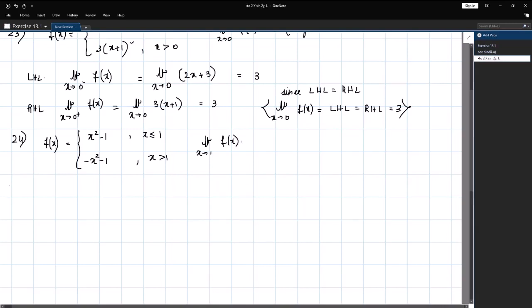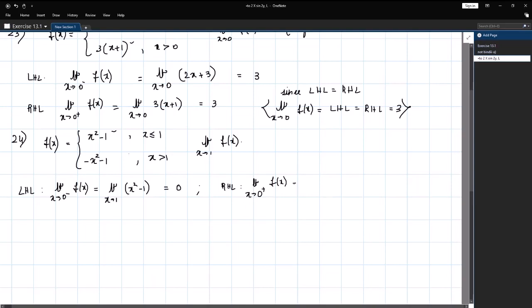Again we'll have to check the left hand limit and the right hand limit. So the left hand limit is limit x tends to 1 minus of f of x. We'll have to use this equation, limit x tends to 1 of x square minus 1, that is nothing but 0.